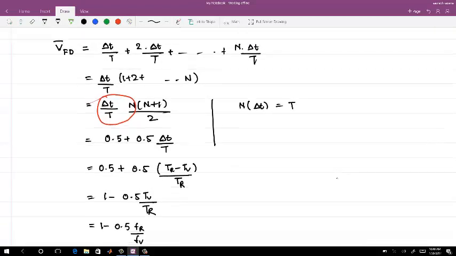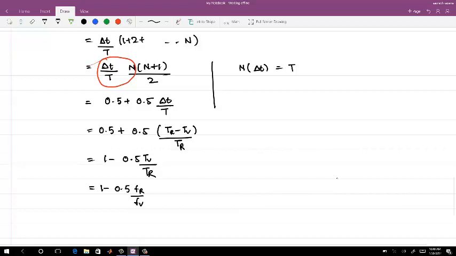So in this particular case, the way I have written here is TR is greater than TV. TR is the reference period. Okay, TV is your output period.